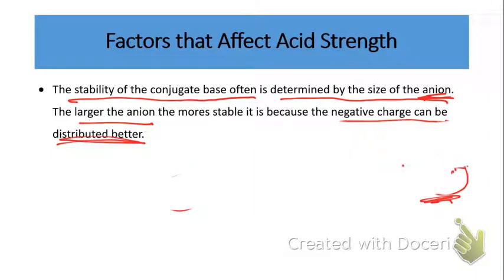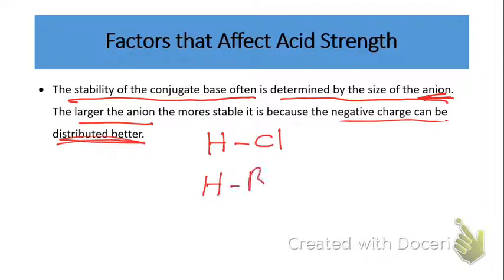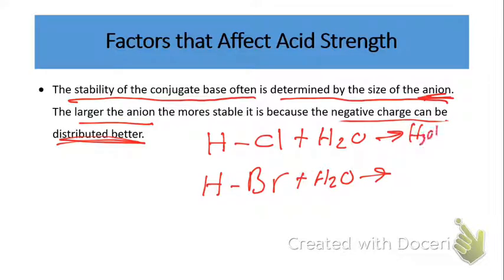So let's look at another example. Let's compare HCl and HBr. Okay, these are both considered strong acids. So we will form the hydronium plus the chloride, and the hydronium plus the bromide, okay?